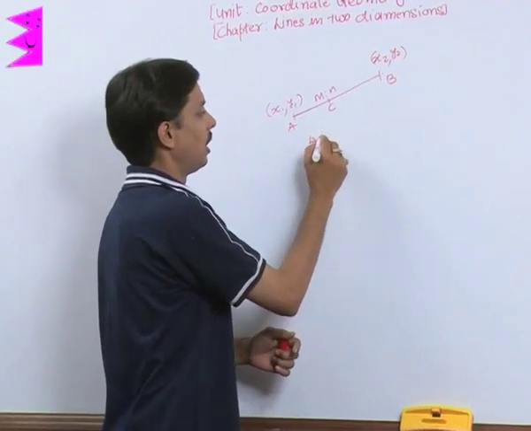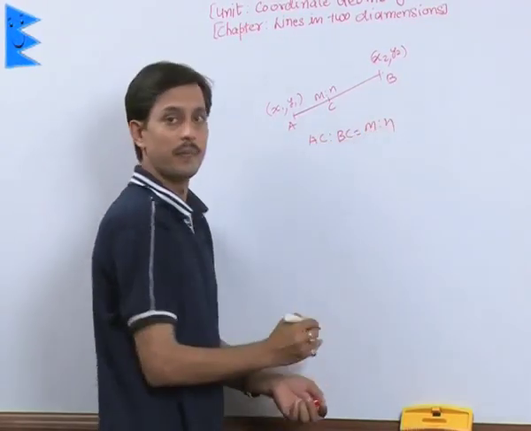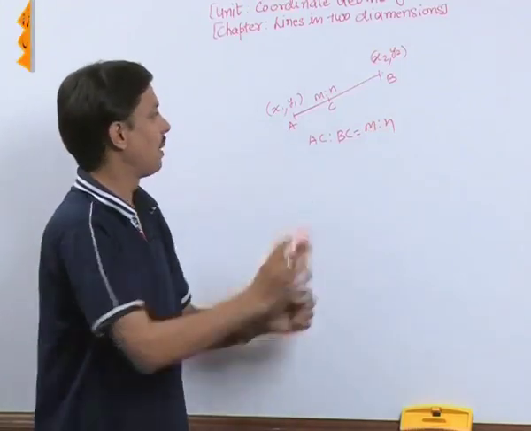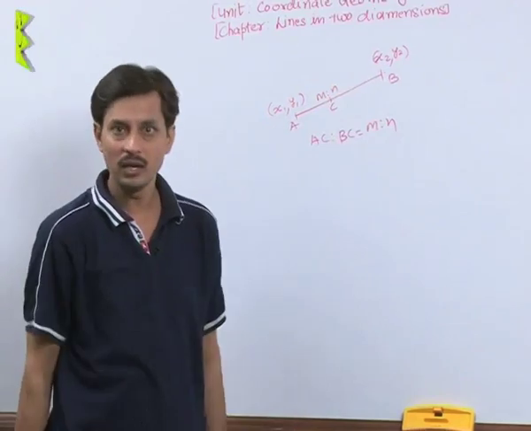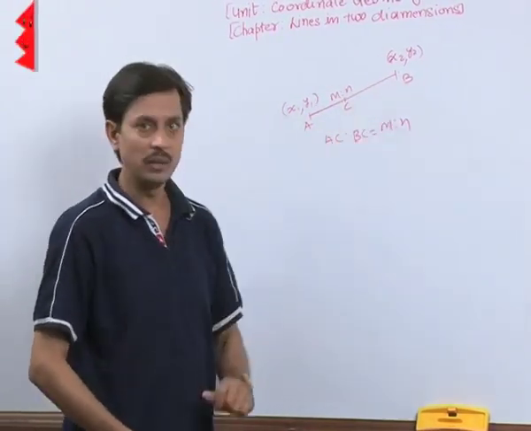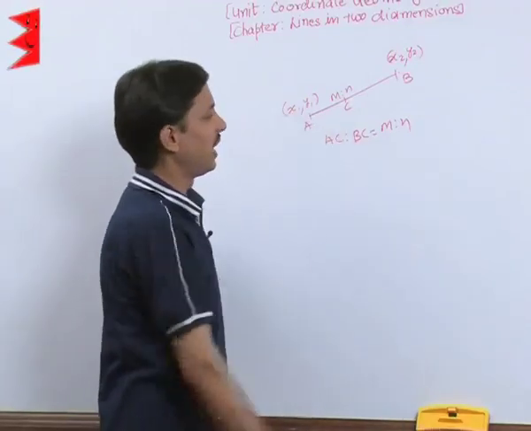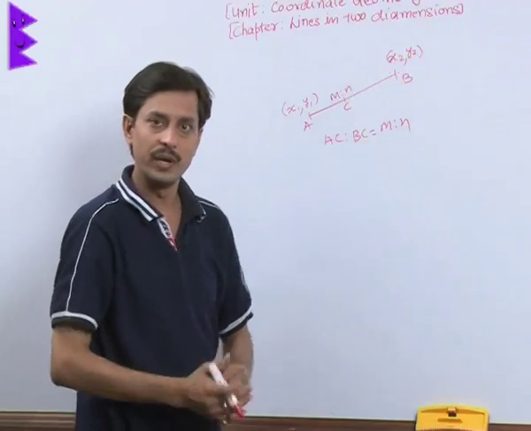That is, AC is to BC is m is to n. A line segment has 2 end points, A and B. Coordinates at A are x1, y1 and coordinates at B are x2 and y2.